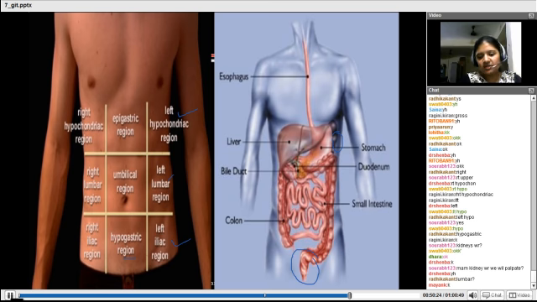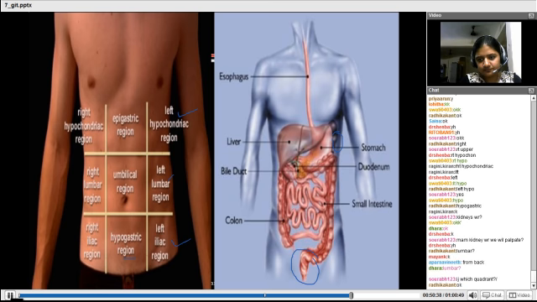Since you have your kidneys behind this, it's got to be a deep palpation. So, ideally it should be the lumbar region, but a deeper palpation. I think it should be the lumbar only.